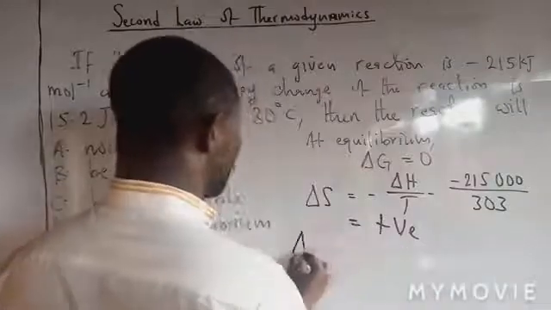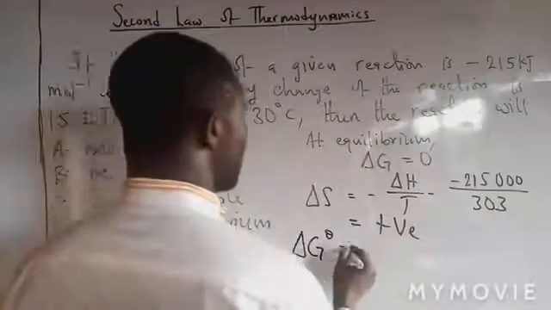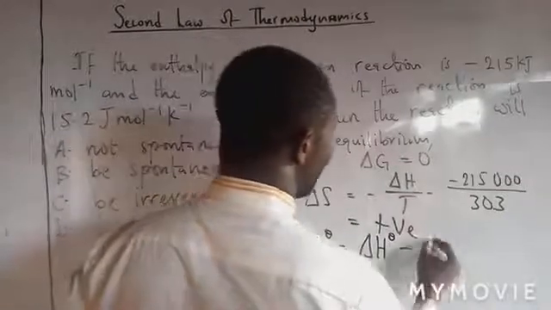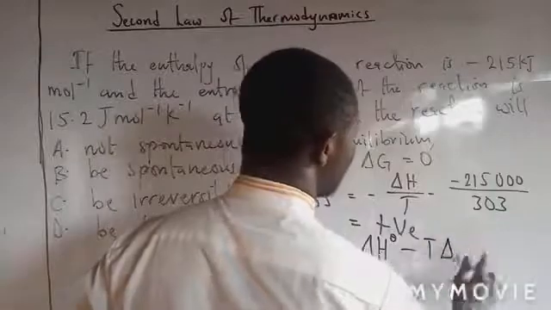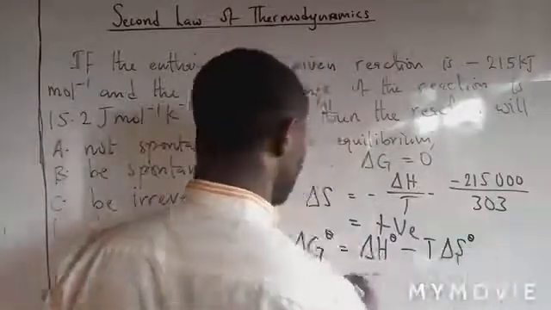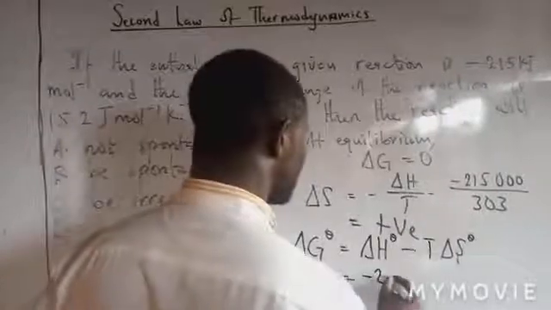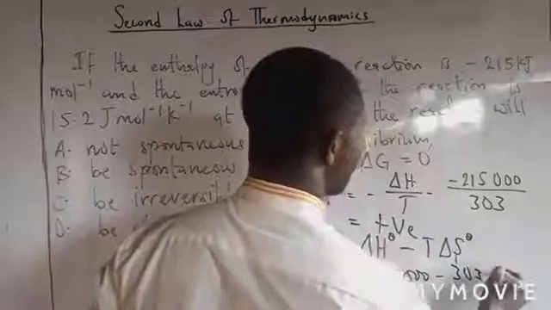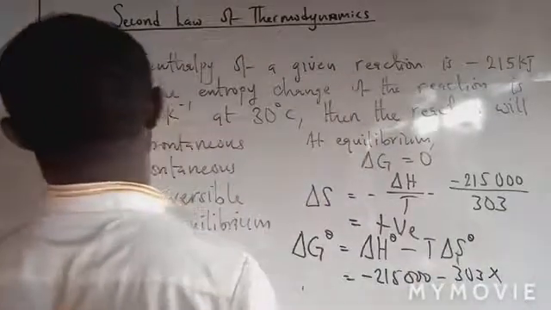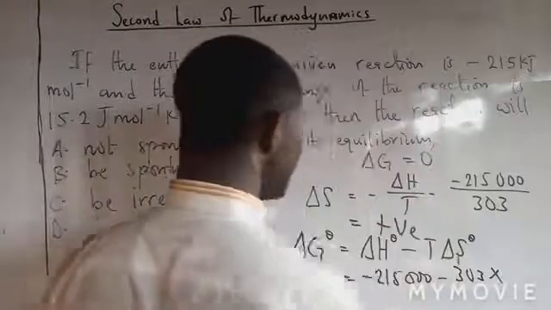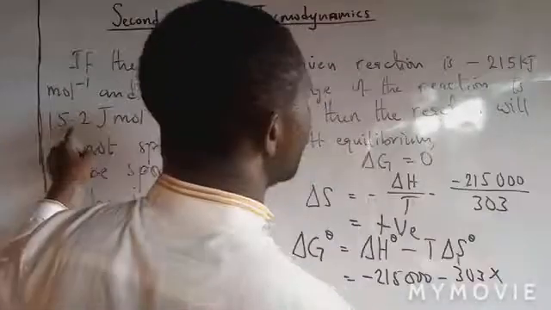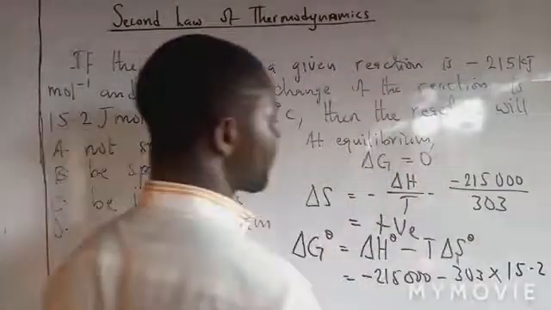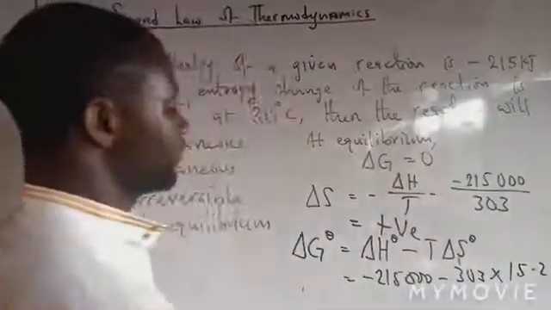I will find my delta G. Delta G is equal to enthalpy change minus T times entropy change. Alright? So what is this? Minus 215,000 minus T, which is 303, multiplied by entropy change, which is 15.2.